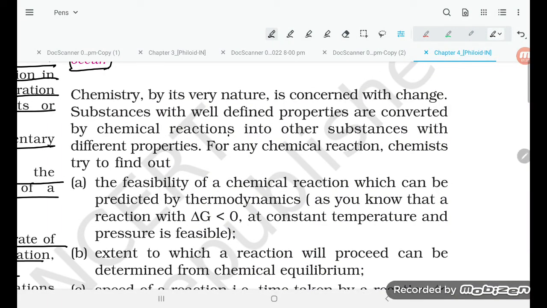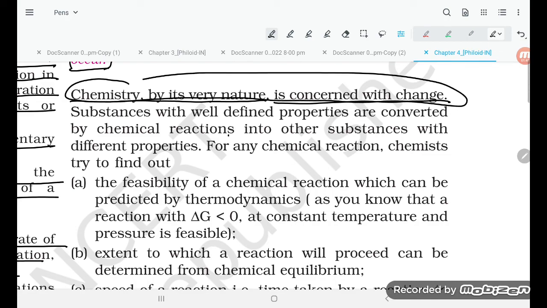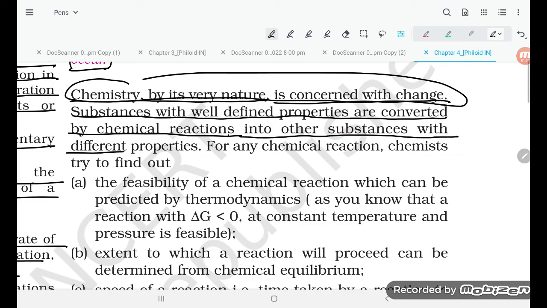Now let's try to understand this point, students. Chemistry by its nature is concerned with change. Chemistry itself is the study of change in nature. Substances with well defined properties are converted by chemical reactions into other substances with different properties.